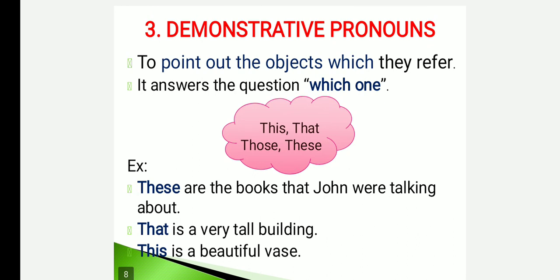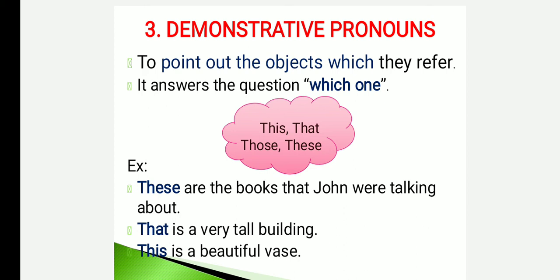Our next one is the demonstrative pronoun. We use this kind of pronoun in order to point out a thing or a person, whether they are near to us or far away from us. So we use it to point out the object they refer to. This and that are used for a singular subject.